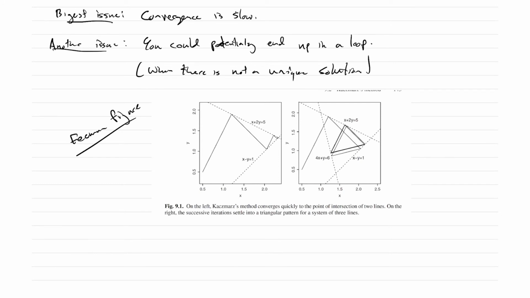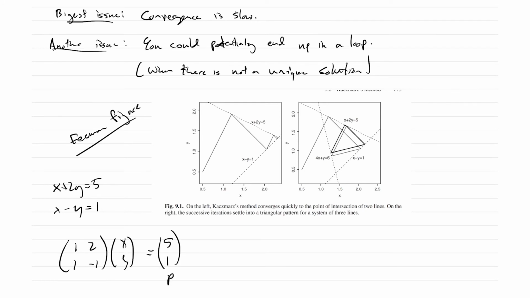The idea is that he's trying to solve this system: x plus 2y is equal to 5, and x minus y is equal to 1. So he has the matrix 1, 2, 1, negative 1, times xy, is equal to 5, 1.